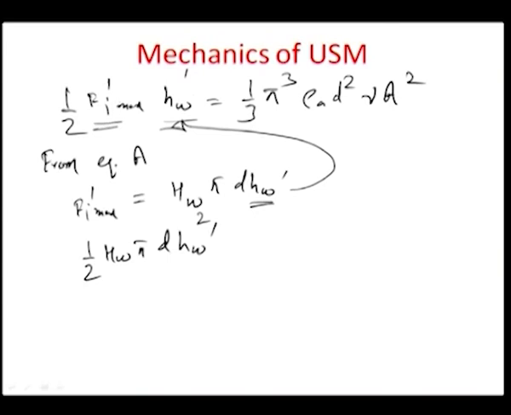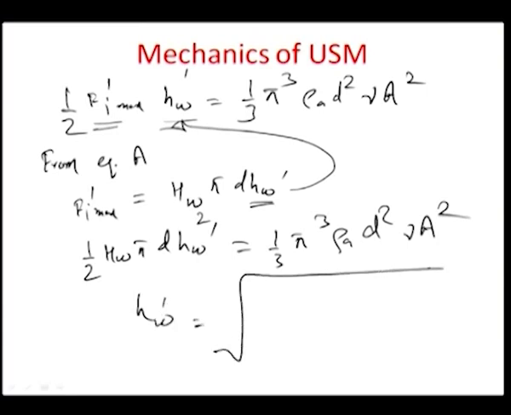Half F_i max' times h_W' is actually equal to 1 by 3 cube of π ρ_a square d ν_a square, and that way you can have h_W' as the under root of twice ρ_a, abrasive grain density, by 3 H_W times π small d ν_a. Okay.